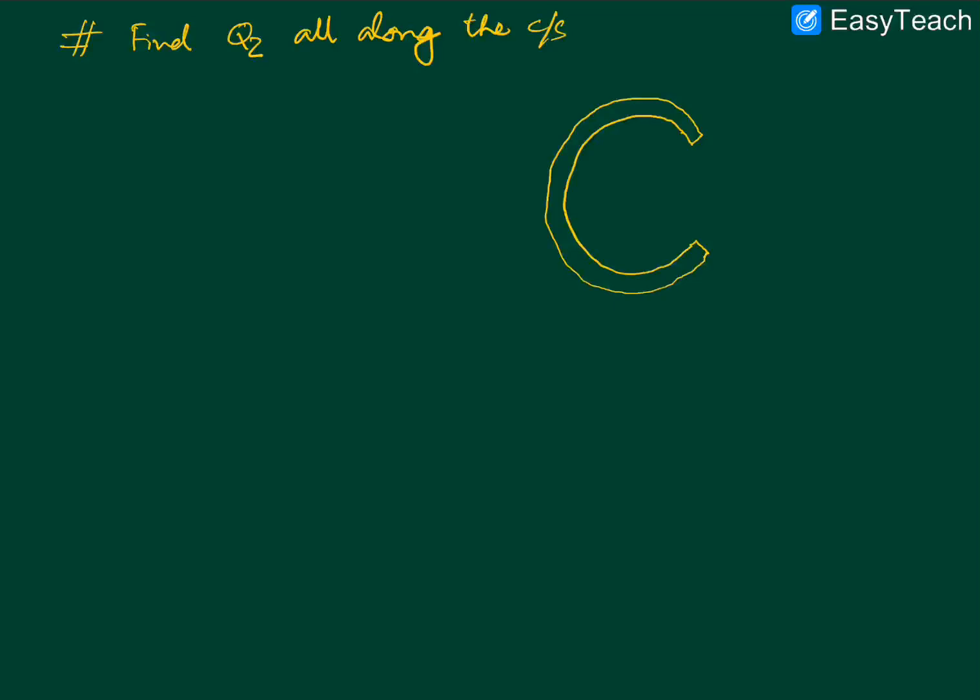This time I'll locate my z-axis like this. I understand that my y-axis will be like this, and this, I emphasize, is no longer the centroid. This is not the centroid, but rather it is the center of the circle, of the circular shape.